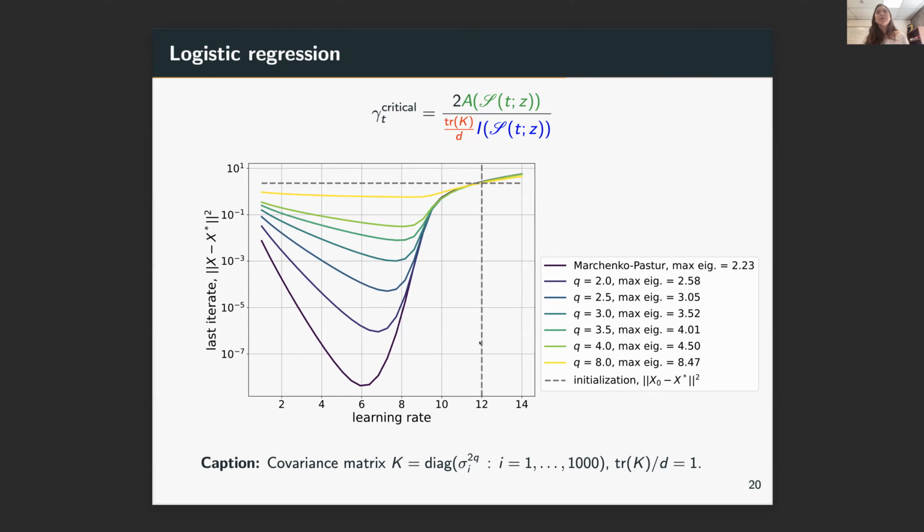If you do that, what you see is that this average eigenvalue is playing a role. As you go up to some fixed learning rate, which you can compute in this case, which is around 12, all of these, having the same average eigenvalue, end up hitting this critical value at the same time. So indeed, this average eigenvalue is playing a much bigger role compared to the largest eigenvalue, at least for criticality, guaranteeing that you're actually moving in the correct direction for the optimization.